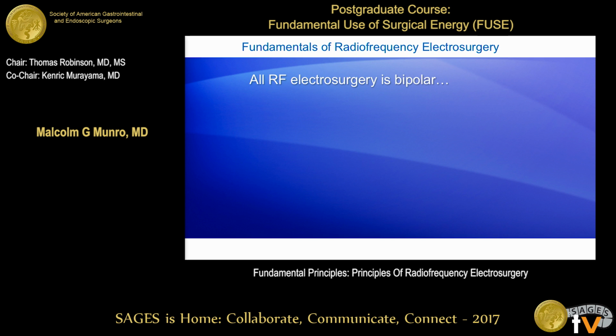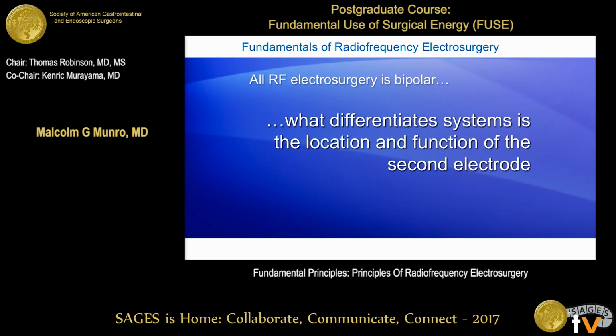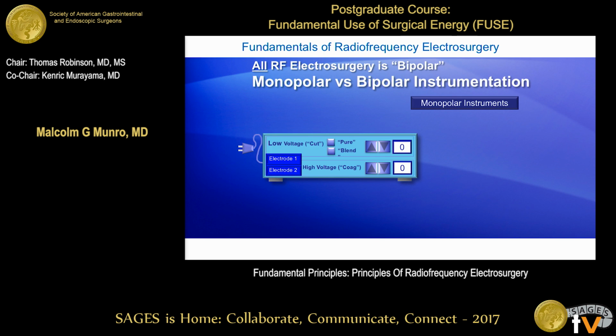All right? Now, all of the electrosurgery that you do is bipolar. All of it is bipolar. It has to be bipolar. All right? What differentiates the systems is the location and function of the second electrode. So when we talk about monopolar instruments, okay, we have a dispersive electrode, an active electrode. Those are two poles, right?